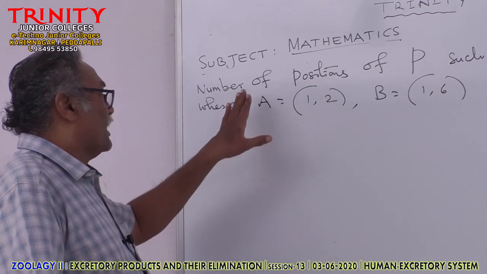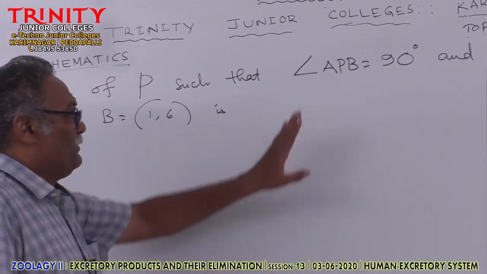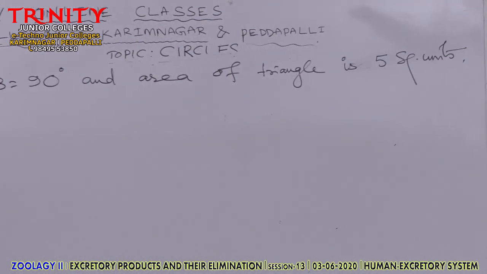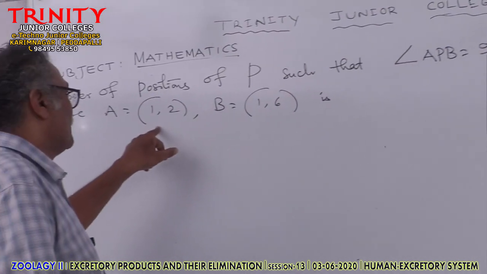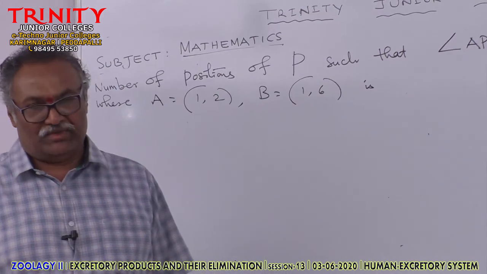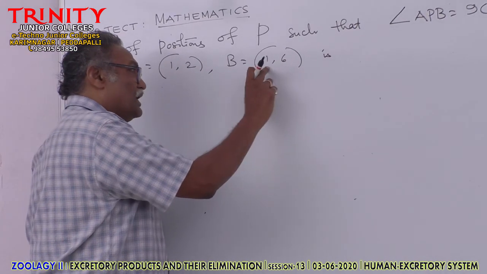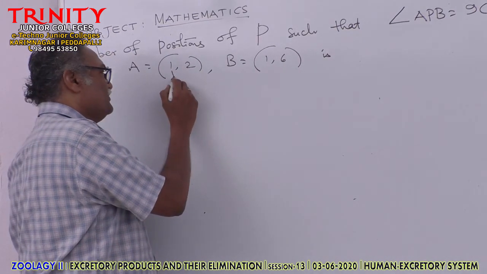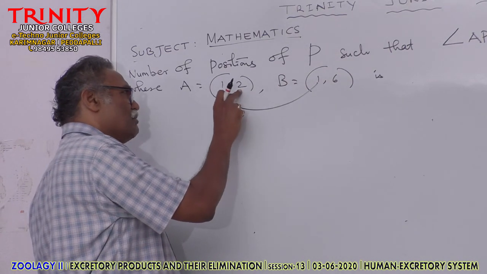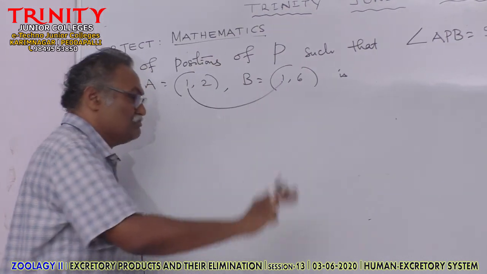The number of positions of P such that angle APB equals 90 degrees and the area of the triangle is 5 square units, where A is 1 comma 2 and B is 1 comma 6. Observe the points: 1 comma 2 and 1 comma 6, the abscissa are the same.